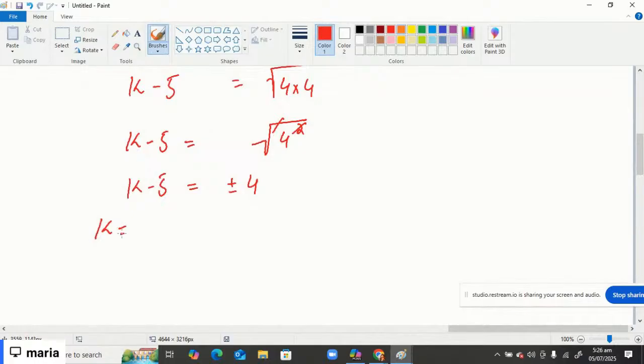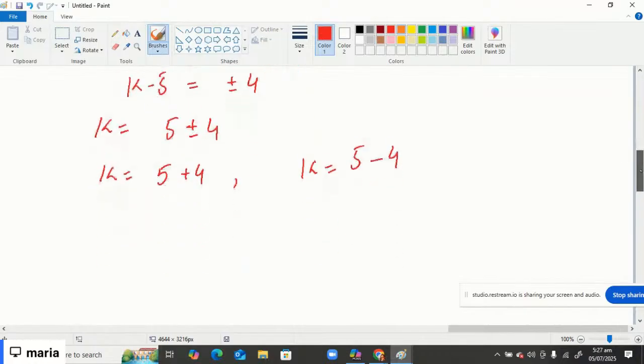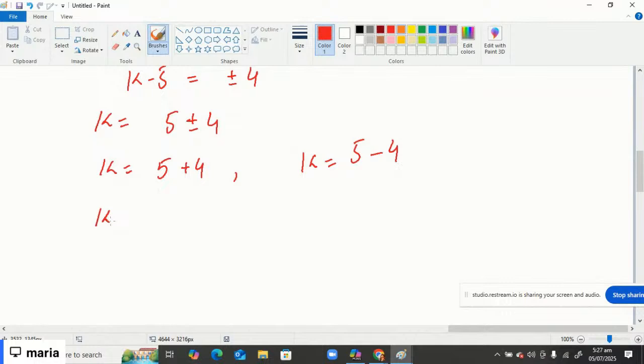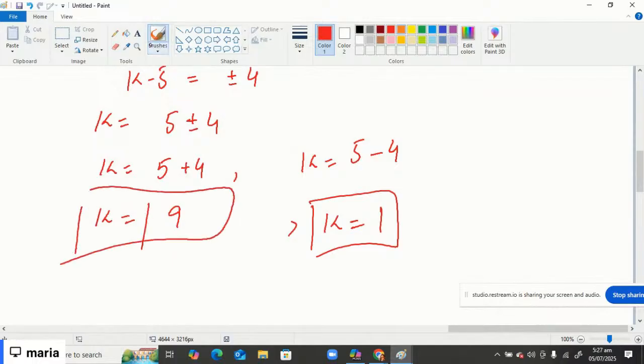Now k is equal to 5 plus minus 4. So k is equal to 5 plus 4, and k is equal to 5 minus 4. So k is equal to 9 and k is equal to 1. And both of these are your answers.